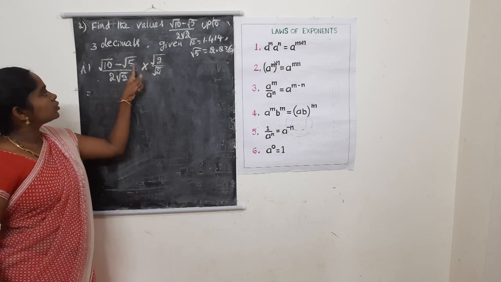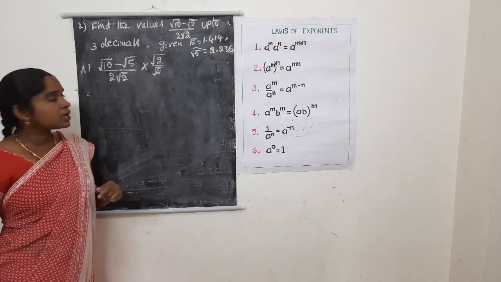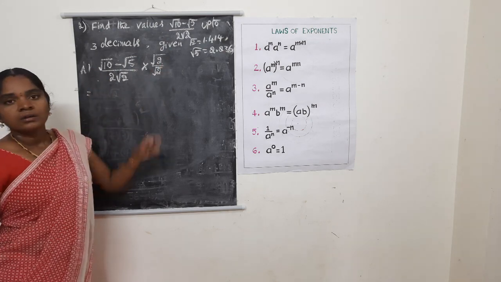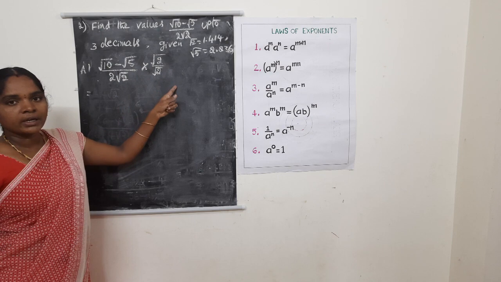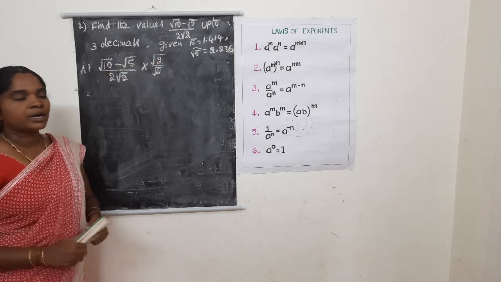So root 10 minus root 5 into root 2 by 2 root 2 into root 2. Observe numerators and denominators: these two numbers multiply and these two numbers multiply.